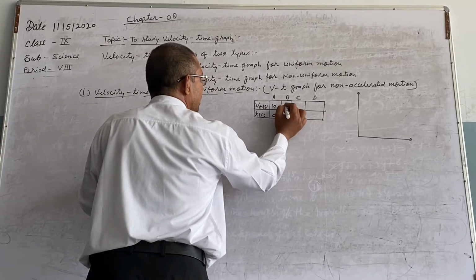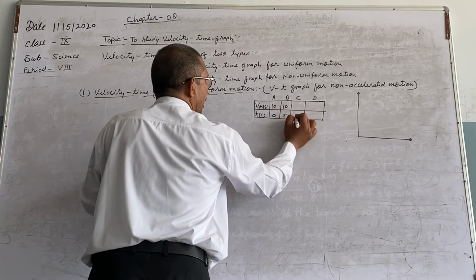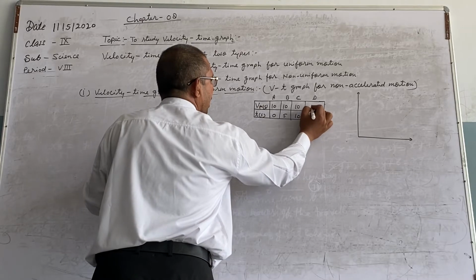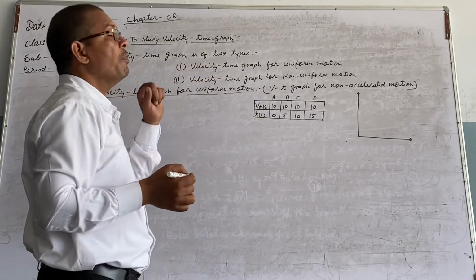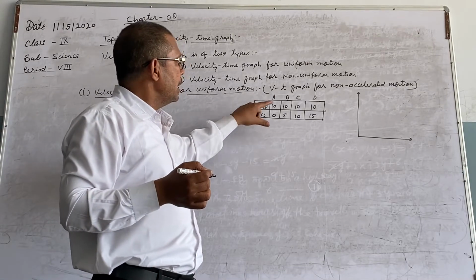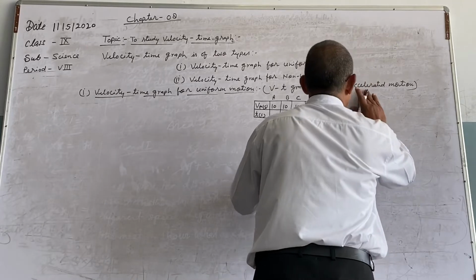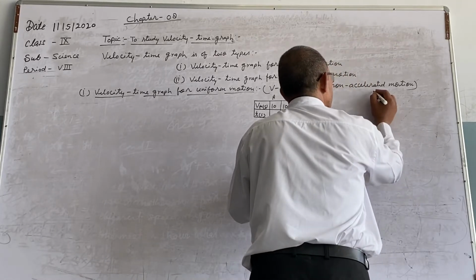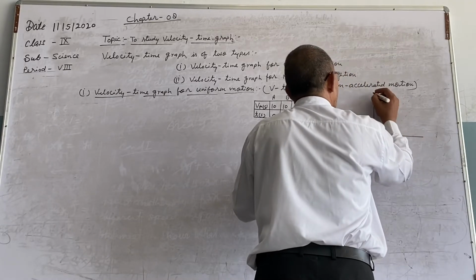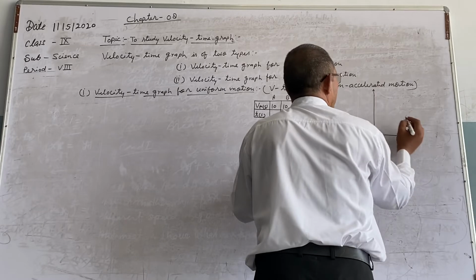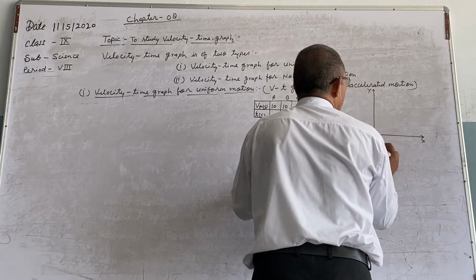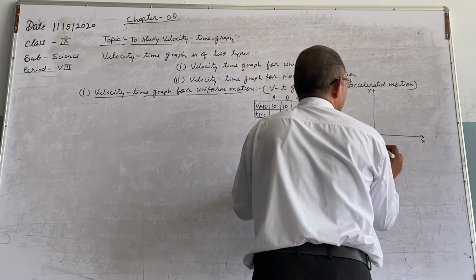After 5 seconds, this is also 10. 10 seconds, 10, and 15 second velocity is 10. That is body moving with constant velocity. Using these information, if you draw velocity time graph, you will get a straight line parallel to time axis.